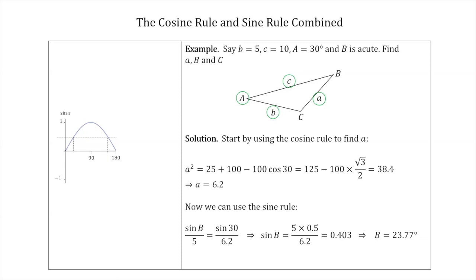But here, if we look at the question, we are given a very useful bit of information. We're told that B is acute. So B is less than 90 degrees. That's why I use B here instead of C first. So I find B, because I have an extra bit of information on it, then I'll find C at the end. So if B is acute, it's less than 90 degrees. We don't even need to worry about what this other solution is, because it's clearly bigger than 90 degrees.